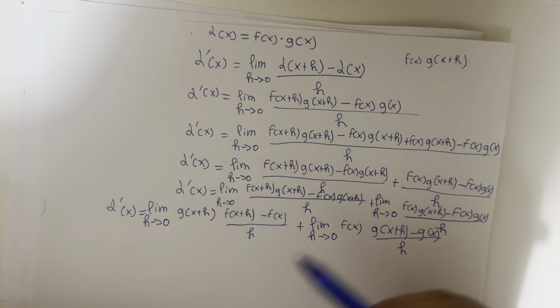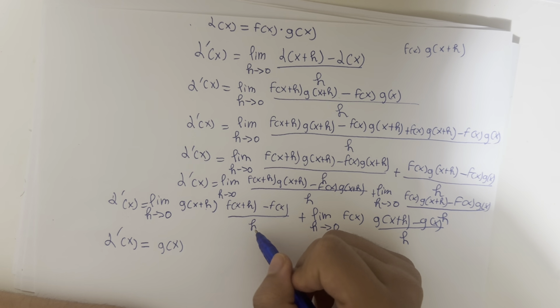So what we get is that L prime of x is equal to the limit as h goes to 0 of g of x plus h. That's simply going to be g of x, since if we do direct substitution and plug in 0 right here, we get g of x plus 0, which is simply g of x. And then right now we're going to evaluate the limit as h goes to 0 of f of x plus h minus f of x divided by h.